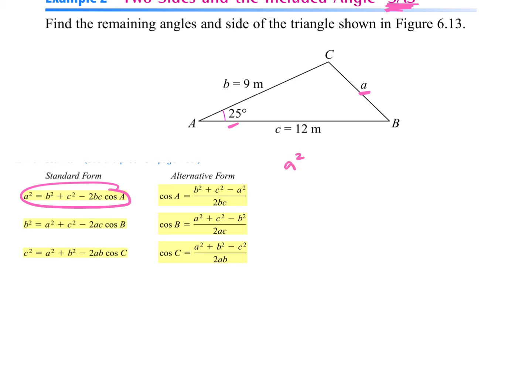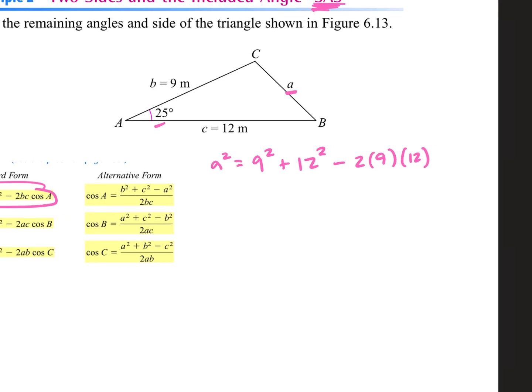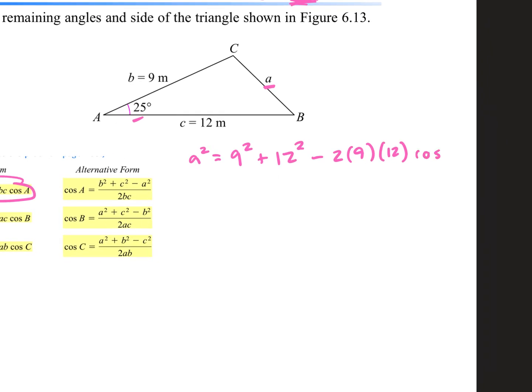We have A squared, which is what we're trying to find, is equal to B squared, so 9 squared plus 12 squared minus 2 times 9 times 12 times cosine of A. So A squared is equal to 81 plus 144 minus 2 times 9 times 12 times cosine of A.